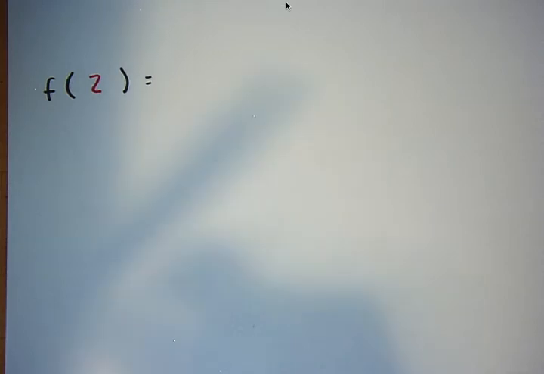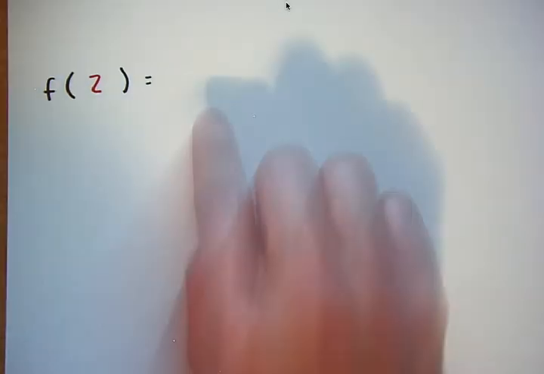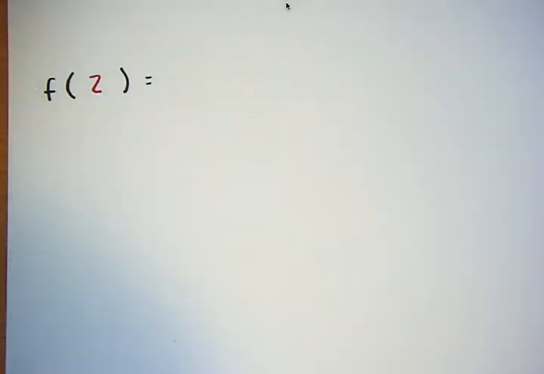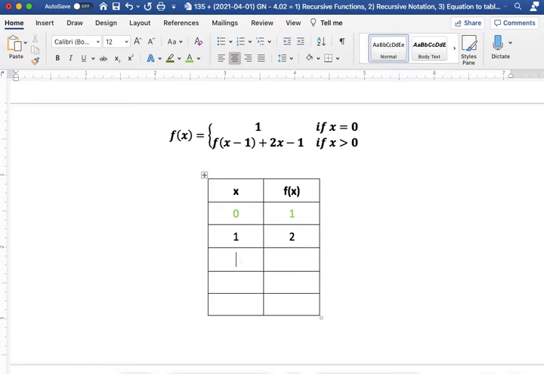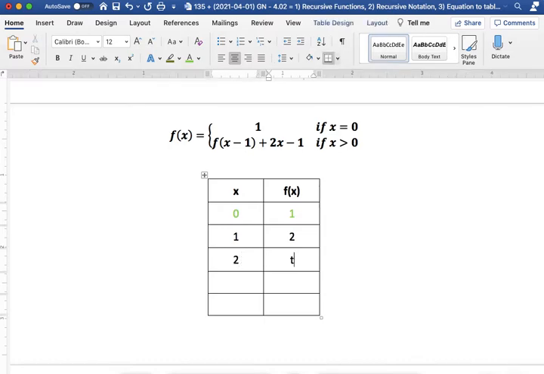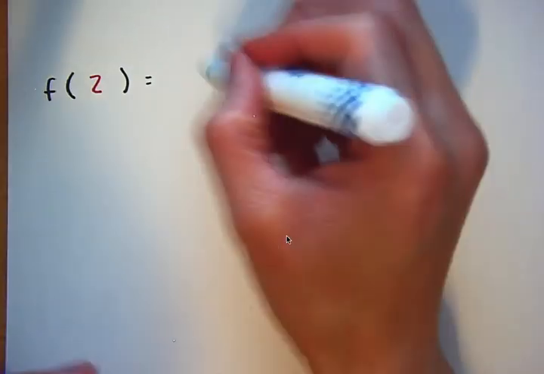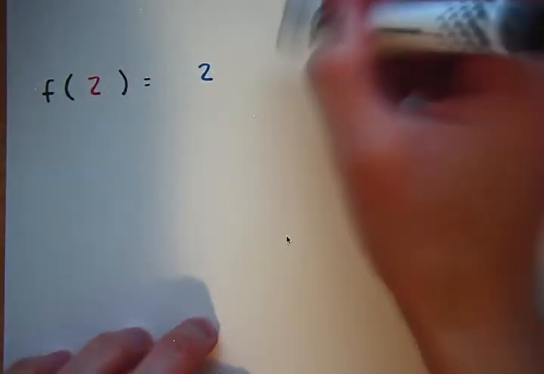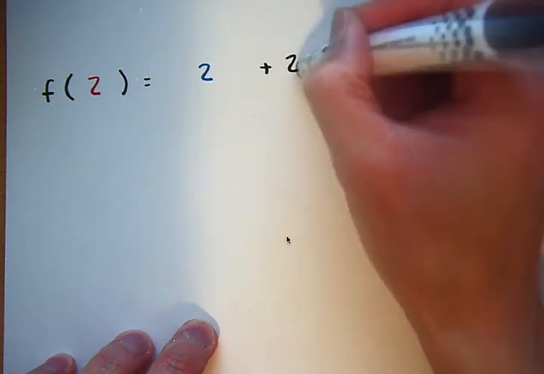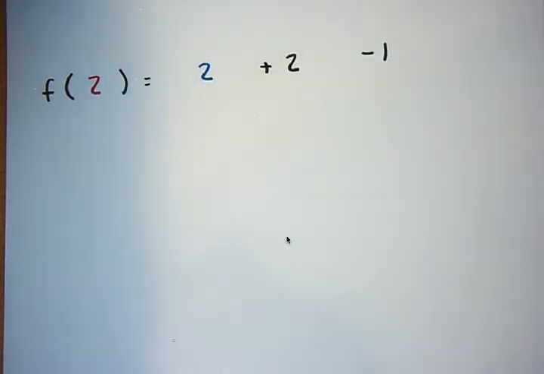So f of 2 is equal to my previous y. So x equals 2. I'm looking for this one right now. And my previous y is 2. And then plus 2x minus 1.